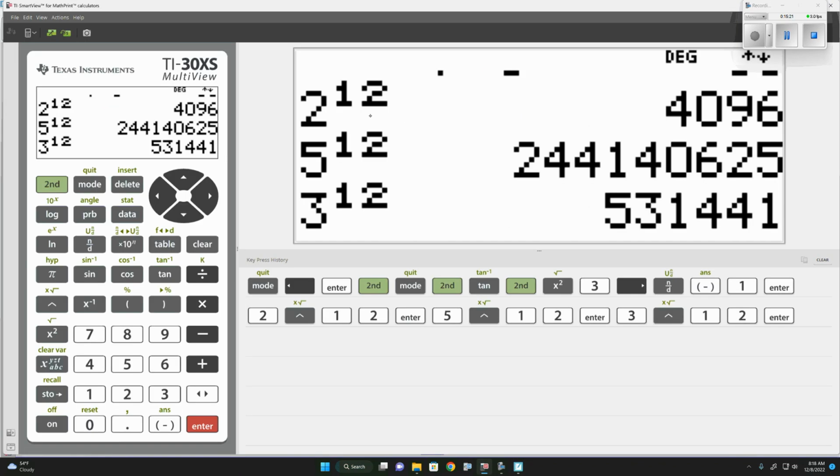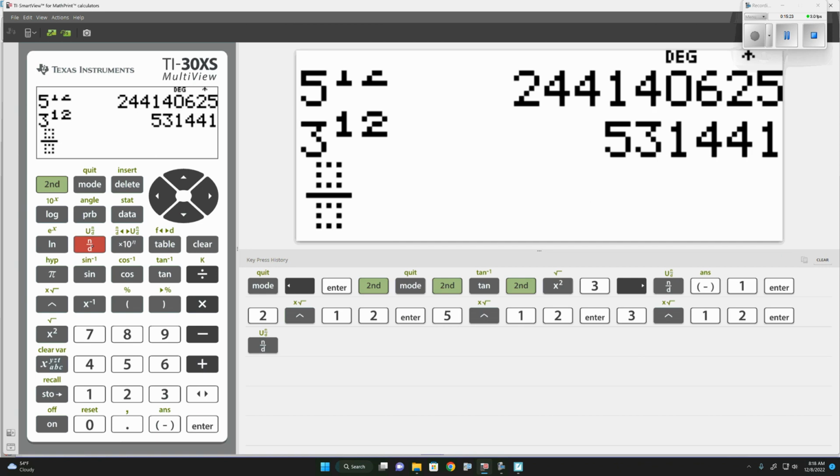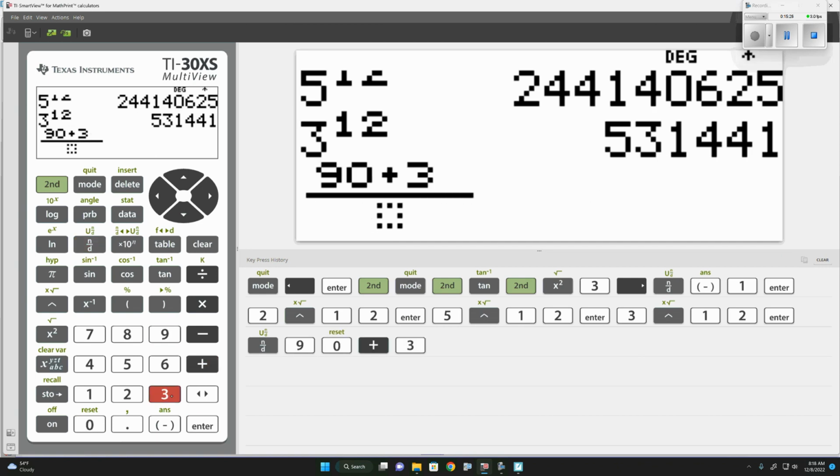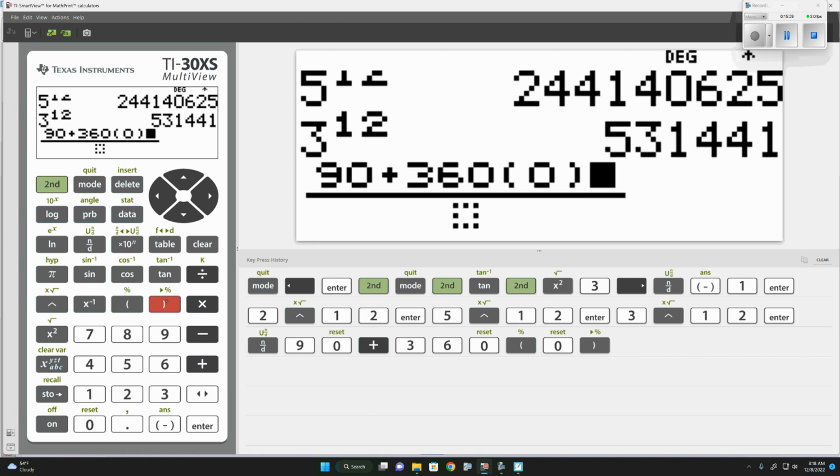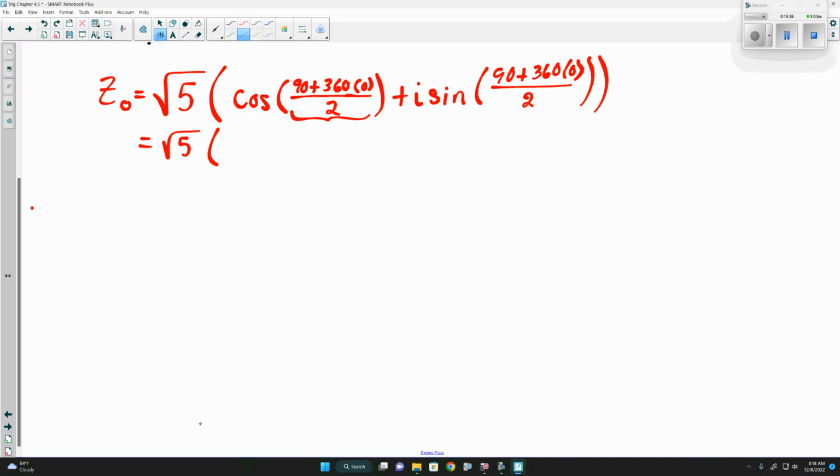And when I was working through some of these here, we could say 90 plus 360 times 0 over 2 reduces to 45. And I'll come back to that here in a minute. So we have cosine of 45 plus i sine of 45. And this here, as I said earlier, for the test, you can leave it in polar form. That's as far as we'd have to take it.